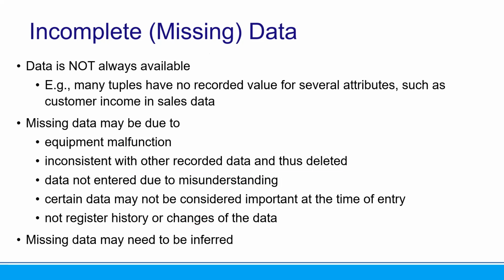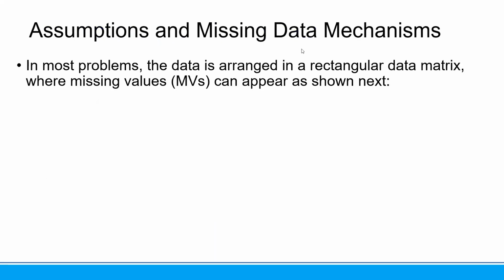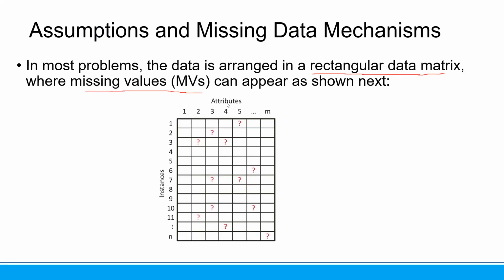So missing data may need to be inferred. We need to understand how we can replace or do something about this missing data. The assumption about the missing data: in most problems, the data is arranged in a rectangular data matrix. So we assume that we can make a kind of table, and we can see some missing values, for example like this one.